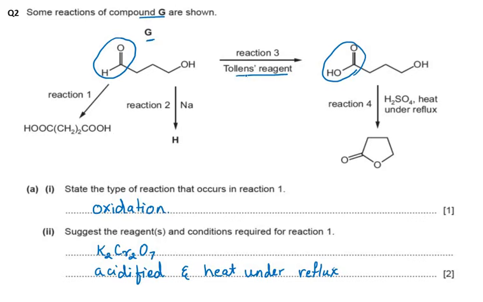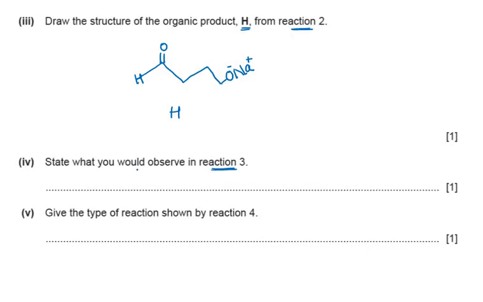With Tollens reagent the aldehyde shows a silver mirror, or you can say silver precipitate also. So here we are writing silver mirror as an observation.